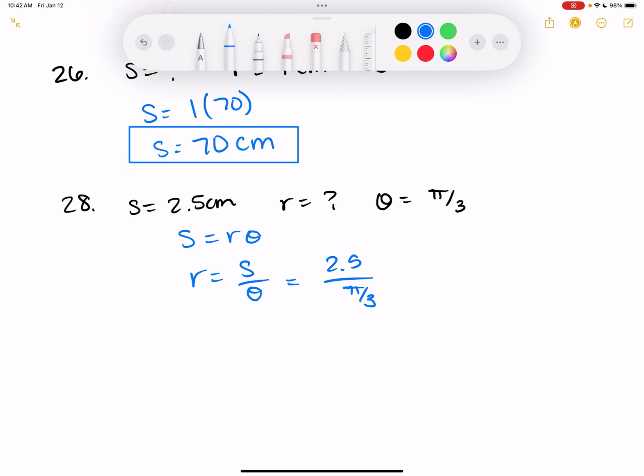So that's going to end up being 2.5 times 3 divided by pi. Two, 1, 3, 8, 7 centimeters.